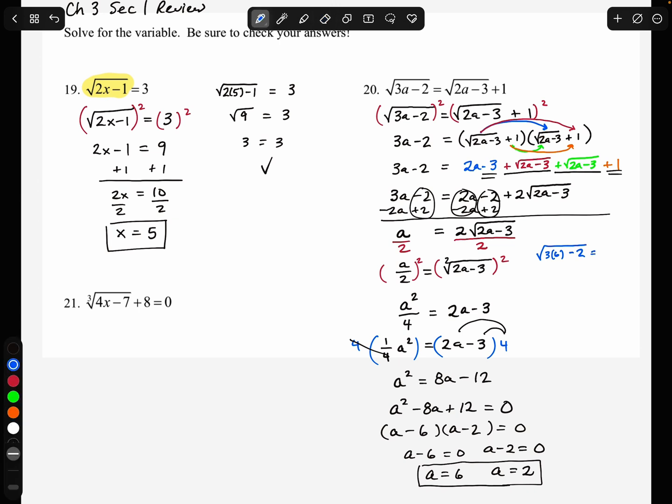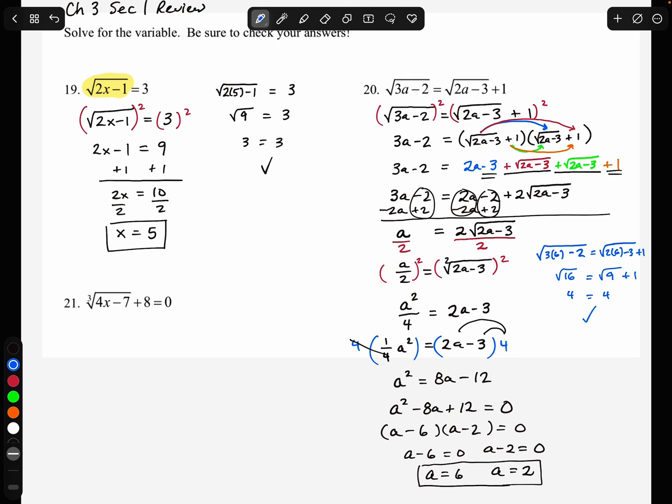And on the right side, I would have the square root of 2 times 6 minus 3, and then plus 1. So let's see what we get there. That'd be 18 minus 2 is 16, so this is the square root of 16, which is 4. And on the other side, 12 minus 3 is 9, so the square root of 9 plus 1 would give us 3 plus 1, which is 4.